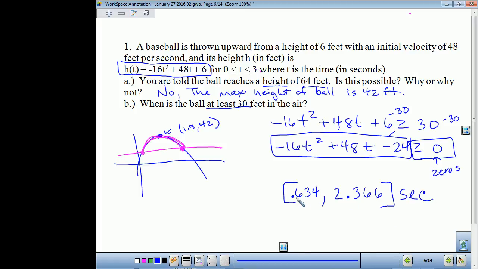So between 0.634 and 2.366 seconds is where the ball is at least 30 feet in the air. Make sense? Yes. Cool.